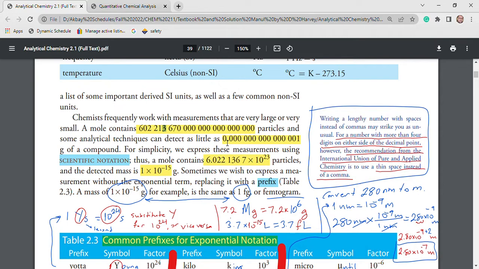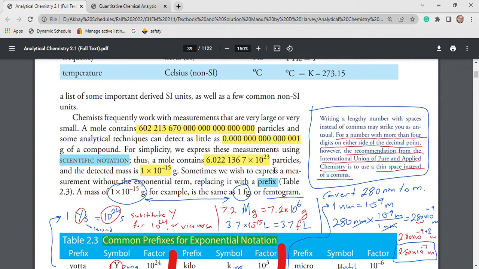So this is another, small number. There are some analytical techniques that can detect this many grams of a compound or a substance. To make the numbers better or easier to handle, we use scientific notation.